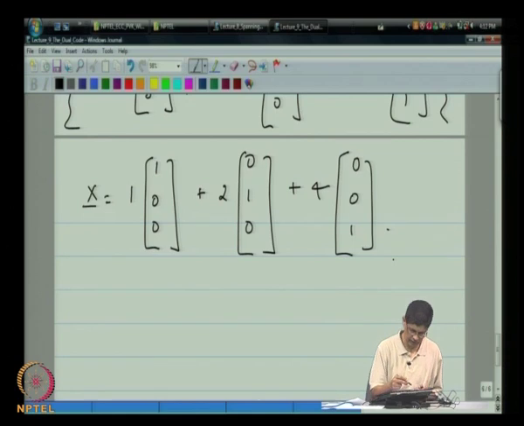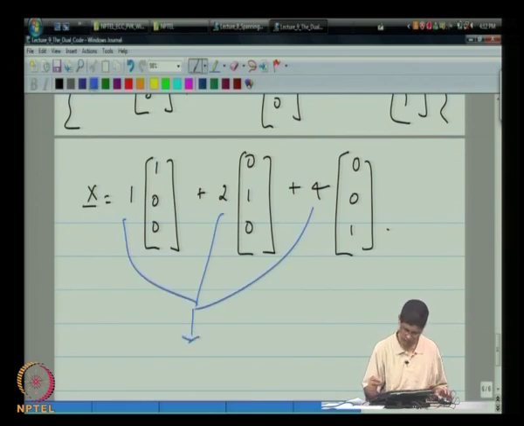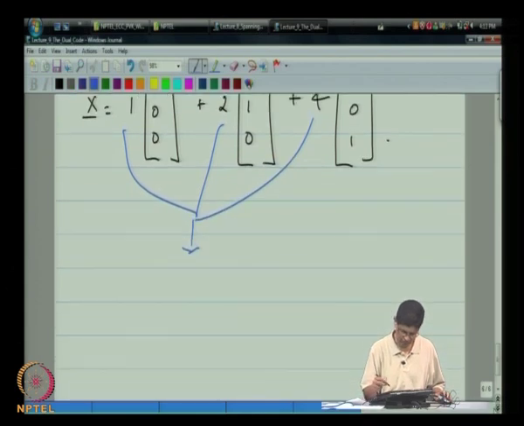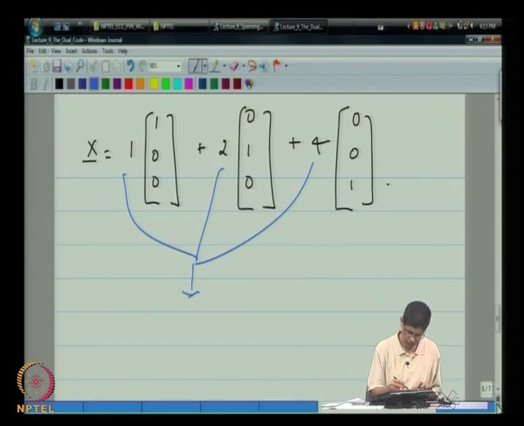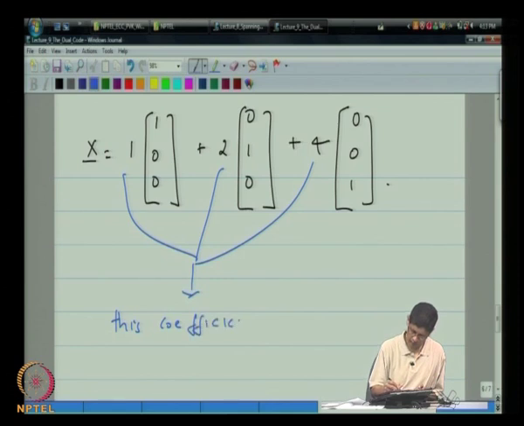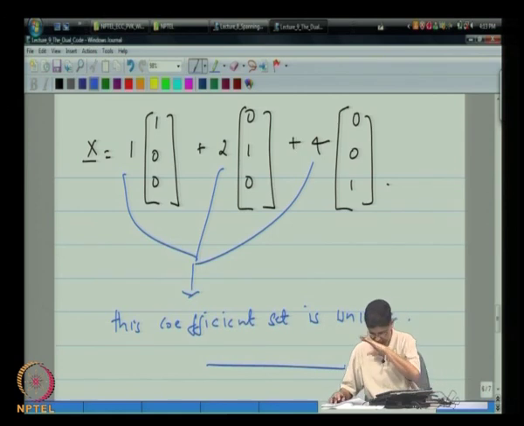So, our point is that this coefficient set is unique, right.